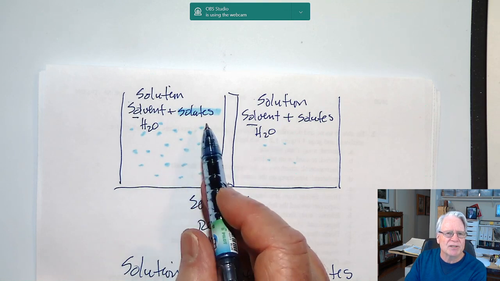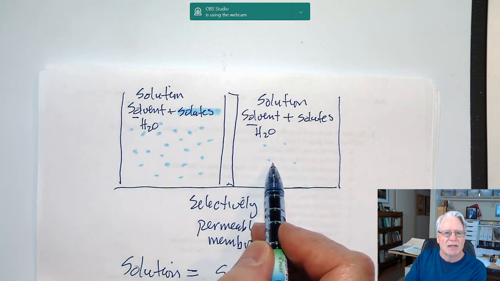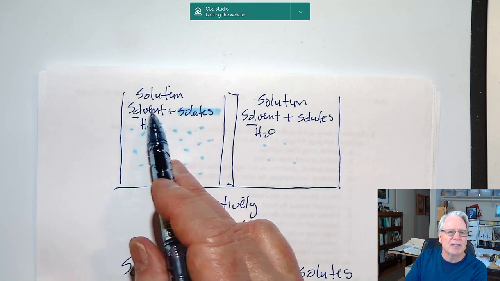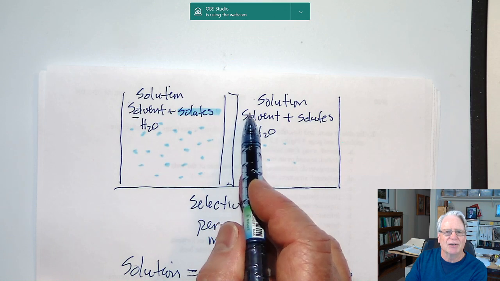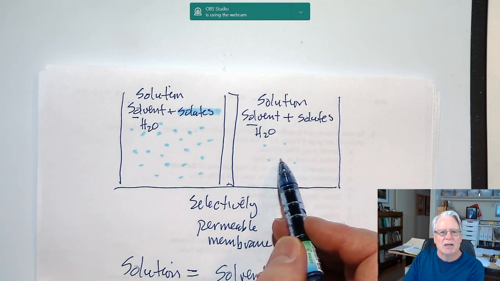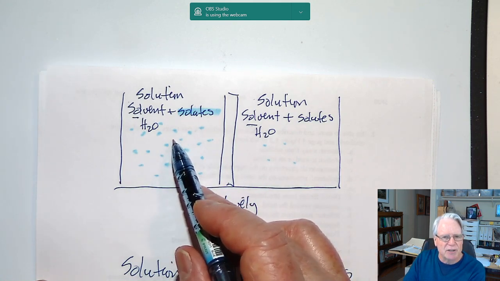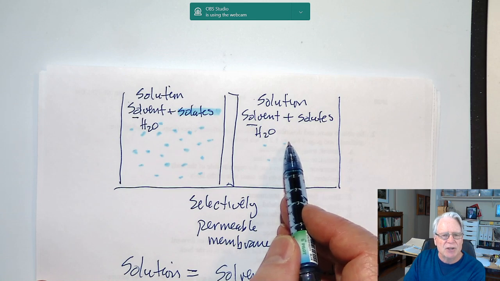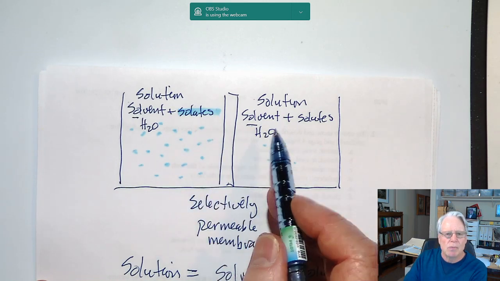All we know at this point is that there's more solids over here than over here. If I poured a liter of fluid in here and added that salt, and poured a liter in here and added a little less salt, I would still have, according to what I just told you, a liter of water here and a liter of water there. So how can I have a difference in concentration?